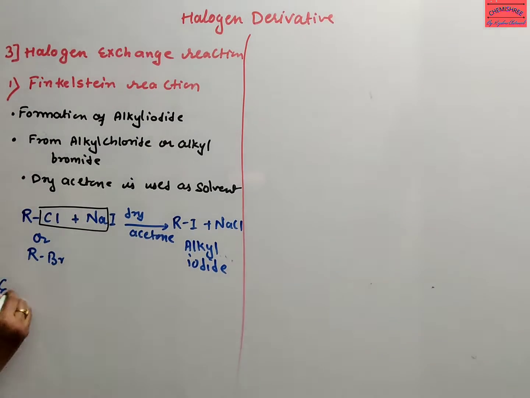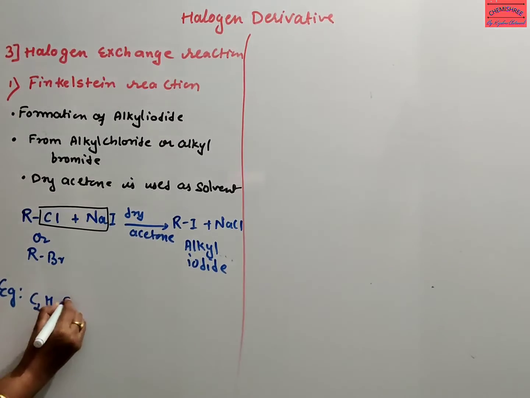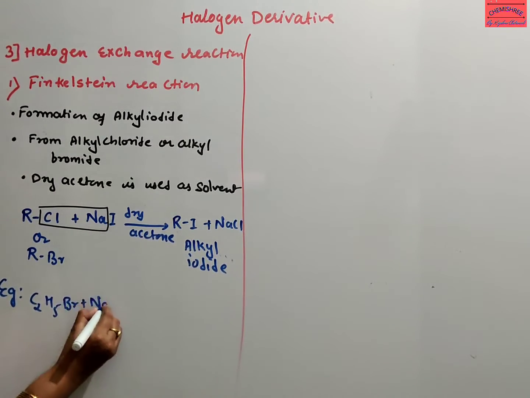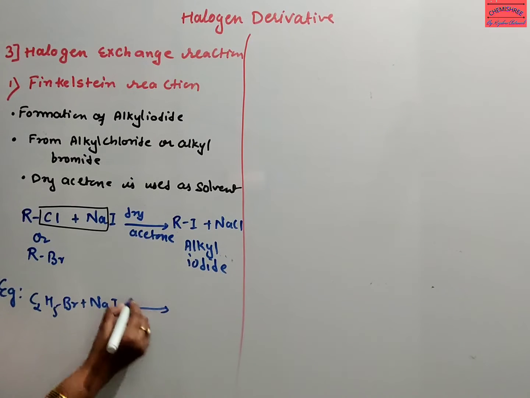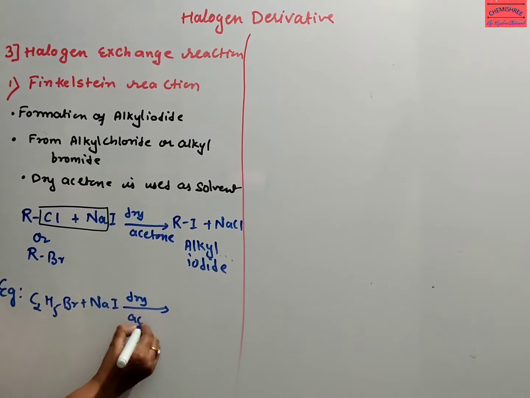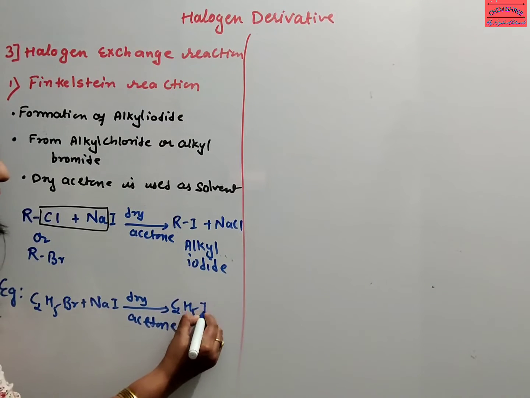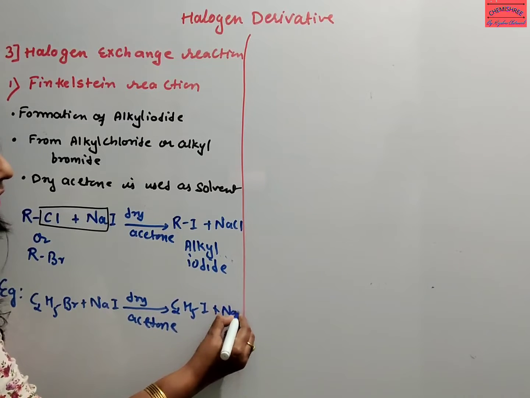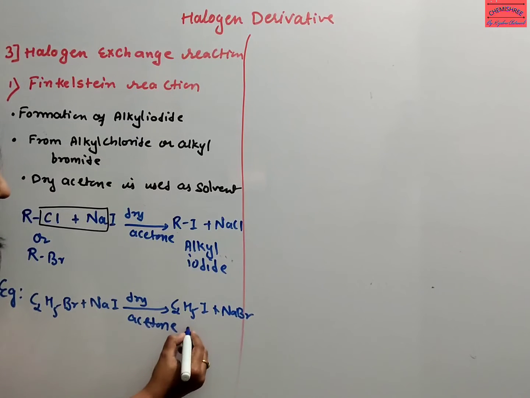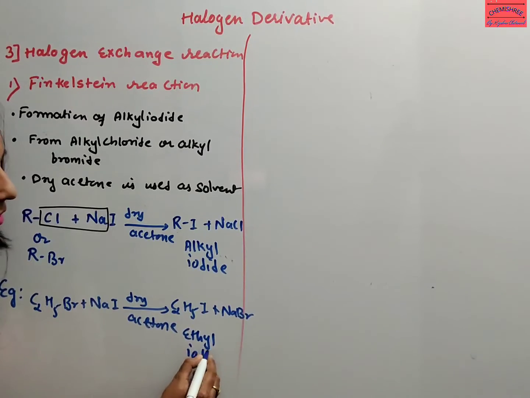For example, suppose C2H5Br is treated with sodium iodide in presence of dry acetone. So you will get C2H5I plus NaBr, that is ethyl iodide.